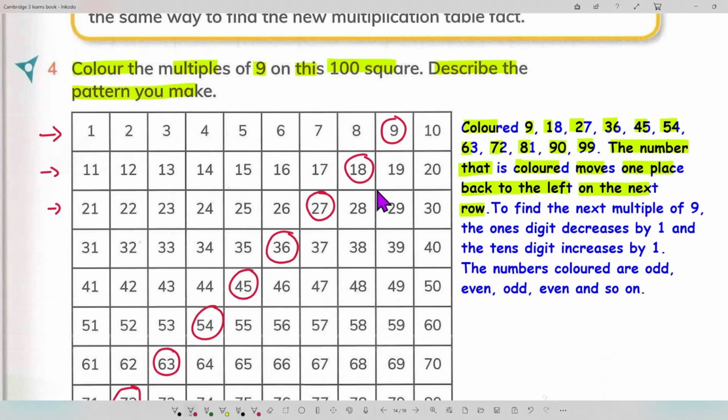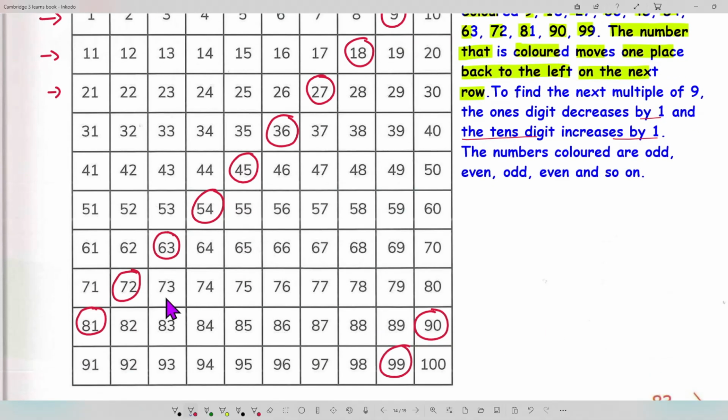It means when it's in this place, in the next row it decreases by 1, again in the next row it decreases by 1. So just decrease by 1. The tens digit increases by 1. It's a 9 digit. It means this is 9 times 9. But when it's 9 times 10, the tens digit becomes 10th place.